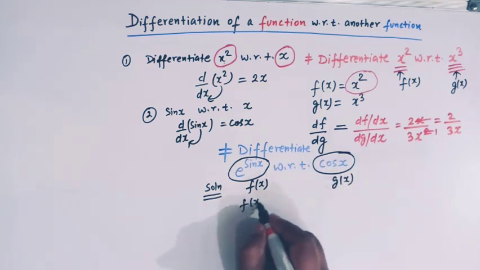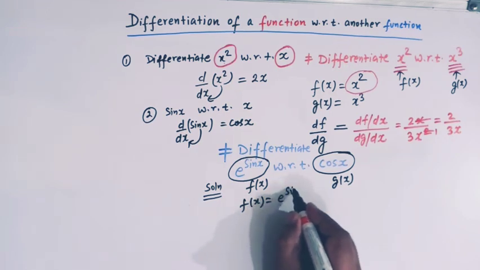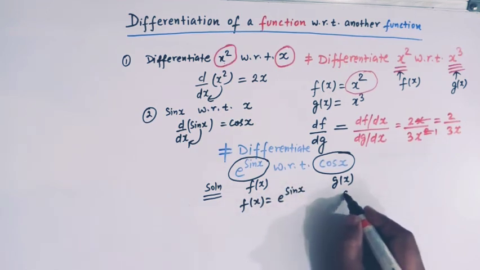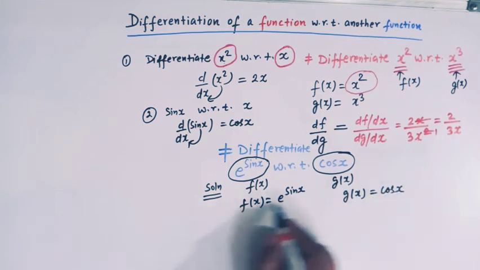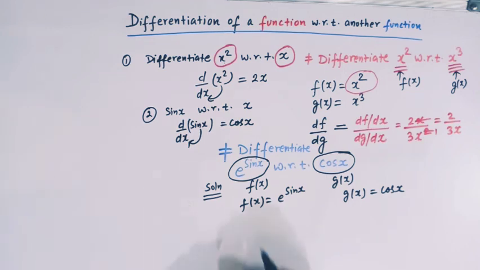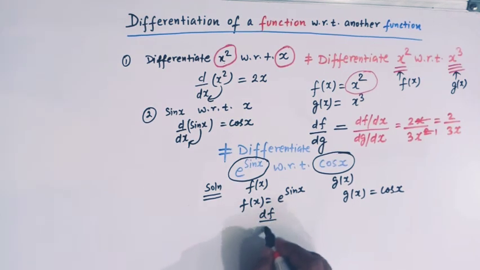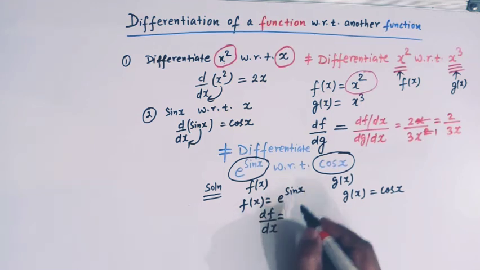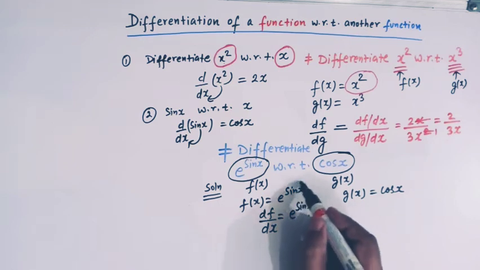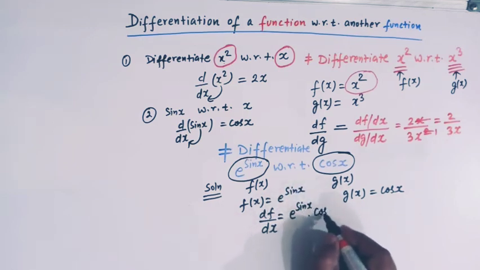So f of x is e raised to sine x, and g of x is cos x, right? Now first we will find df over dx. So df over dx is the derivative of e raised to sine x, which is e raised to sine x, and the derivative of sine x is cos x.